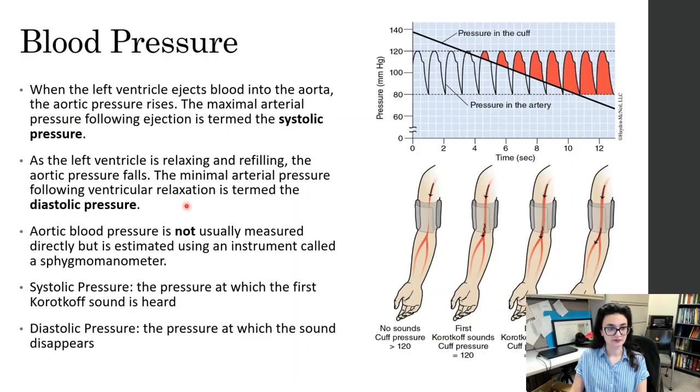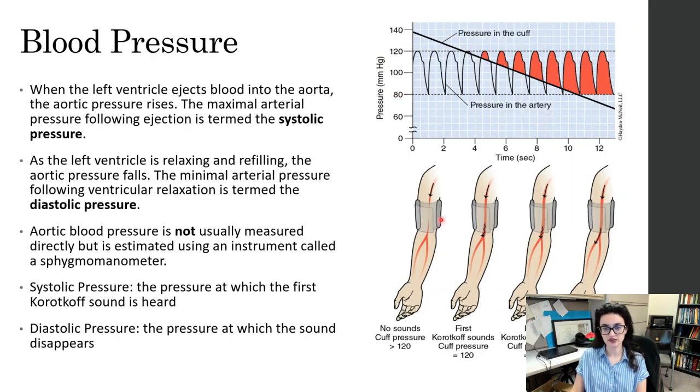All right. Minimal arterial pressure following ventricular relaxation is diastolic pressure. So heart at rest versus contracted. Okay. So when you do a manual blood pressure, you're trying to find systolic pressure and then diastolic pressure. So you're trying to find the two pressures, heart after contracted, heart relaxed.